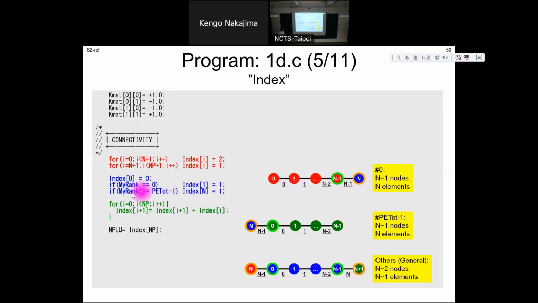Also, if my rank is equal to p dot, index n is equal to 1 for this one. And so we just accumulate this index value from 0 to np, not 0 to n. We include all information, including the external node. Therefore NPLU, the total number of non-zero components, is equal to index NP.